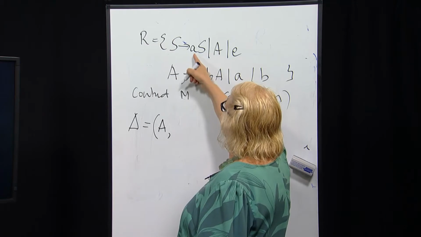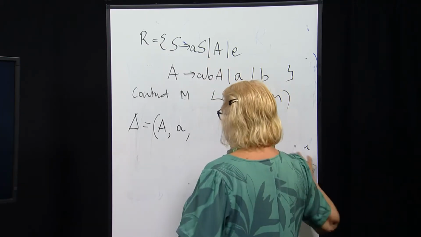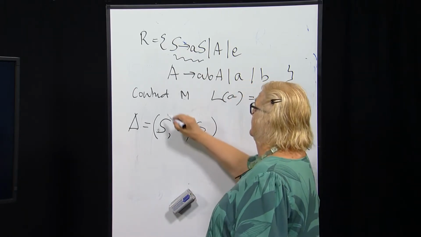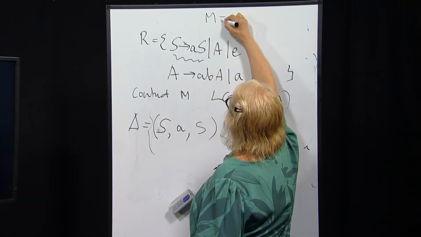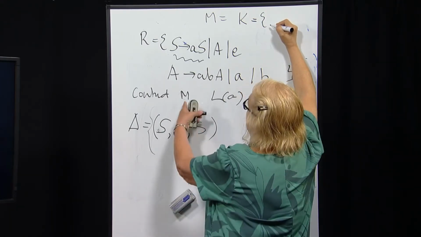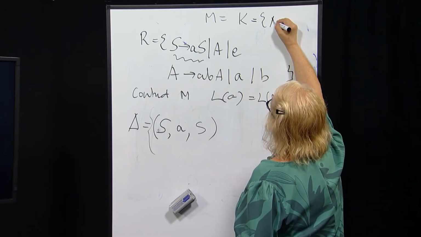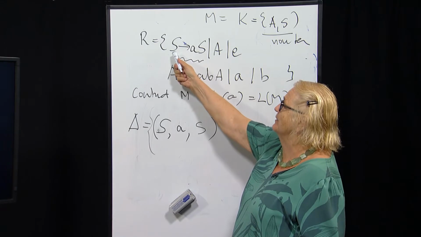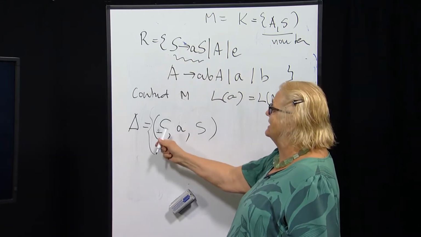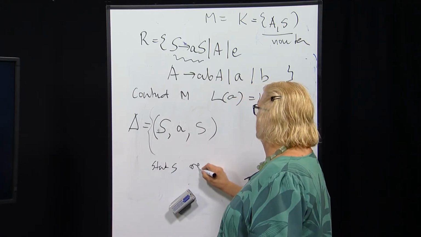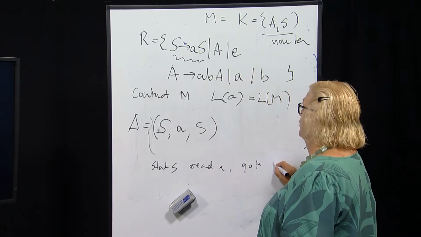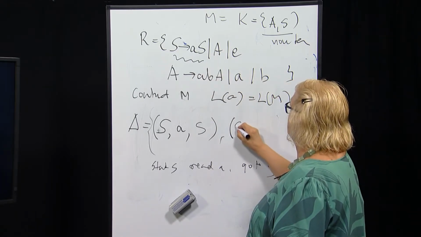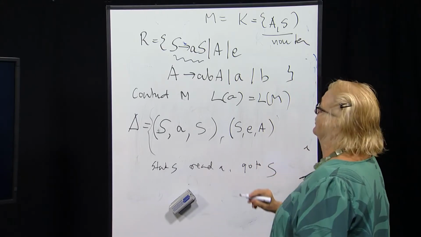In a state of S, you look at this rule, read a, and you go to the state S. So the states of M are just the non-terminals, here A and S. So if I have a rule which replaces S by aS, in automata it would be in a state S, read a, and go to S. And now this rule S implies A would be in the state S, read nothing, go to the state A.